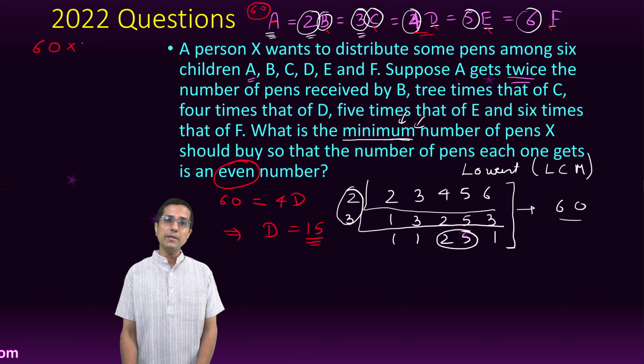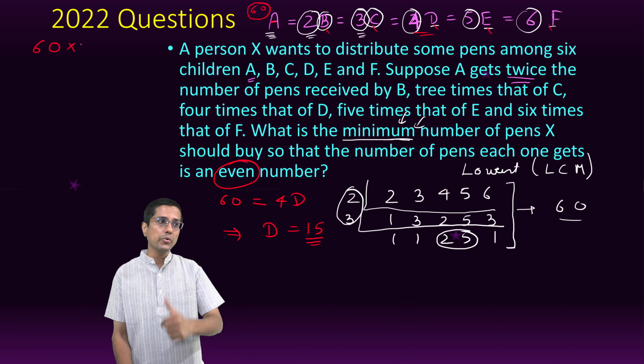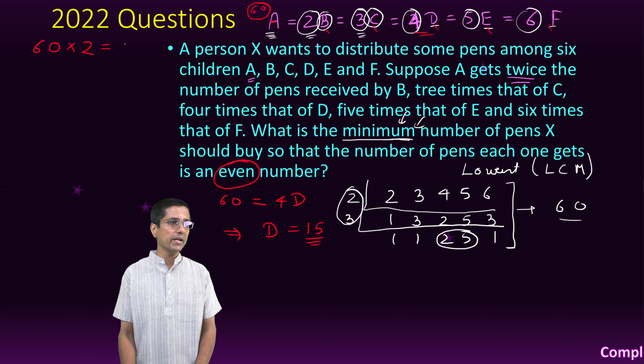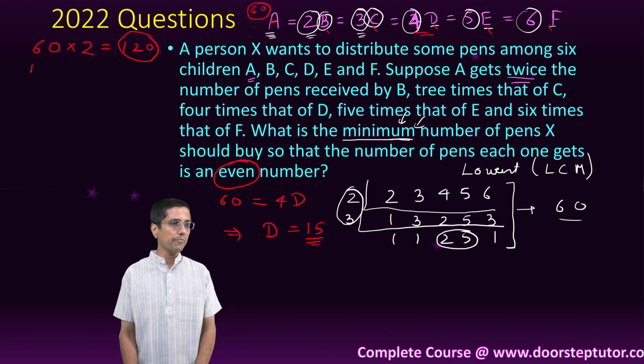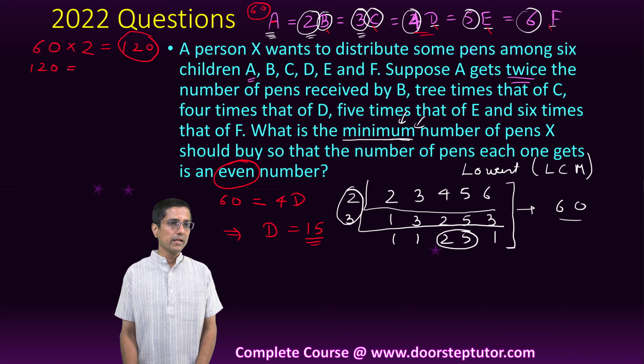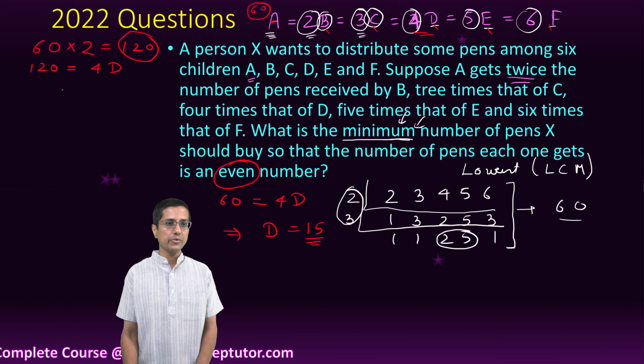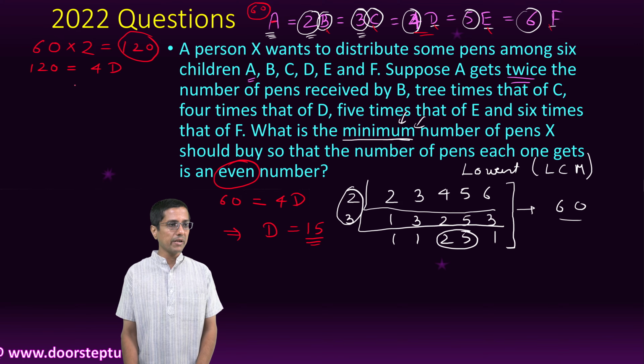So let us now choose the multiple of 60 which has one more 2 in it, which means that I multiply this 60 by 2 and I get 120. So if I assign the number of pens given to A as 120, then let us see what happens to D. Then in that case my D becomes 30, which is an even number.